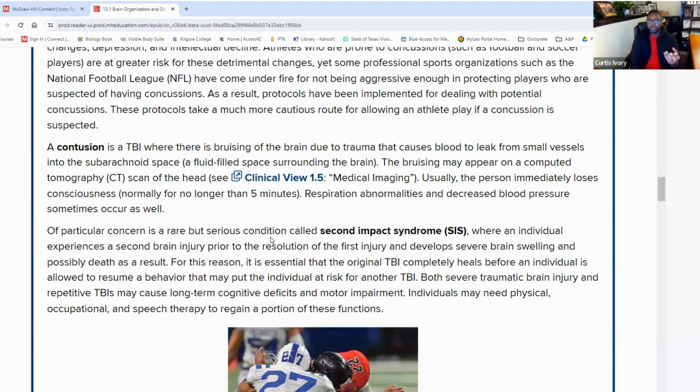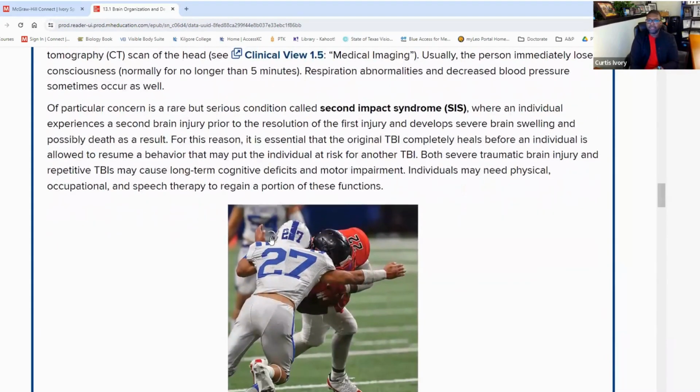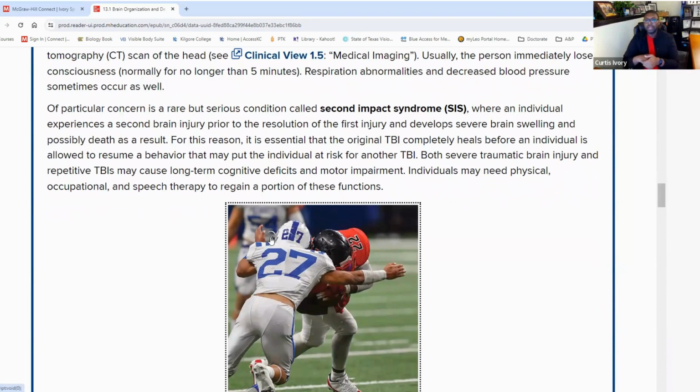Now, along with contusion, you have concussion. Especially with football players or in sports that have high physical impact or touch sports, you're more likely prone to get a concussion.